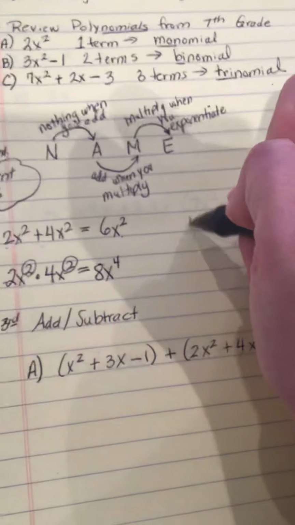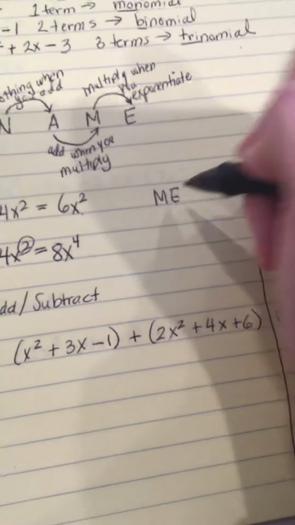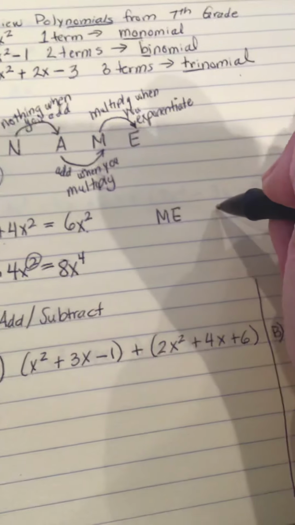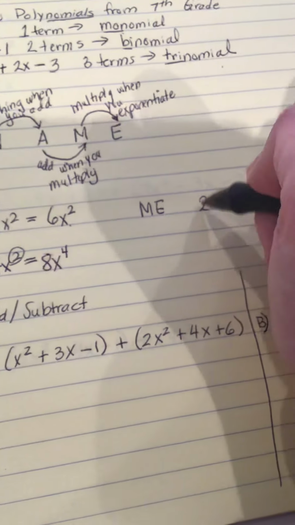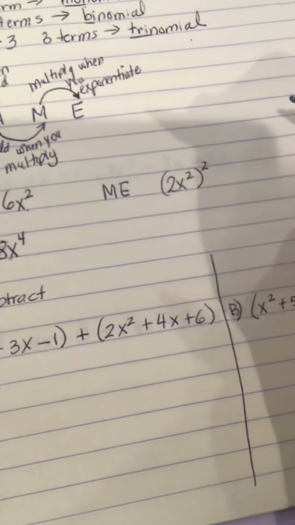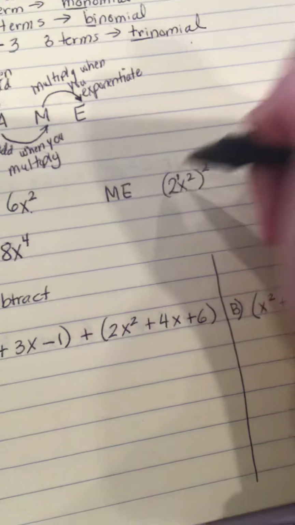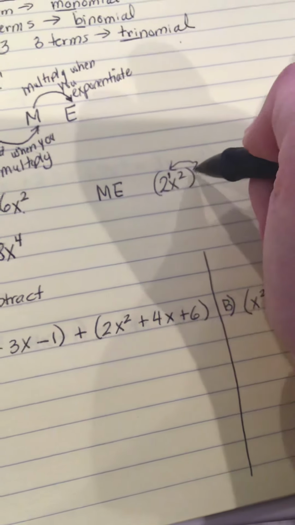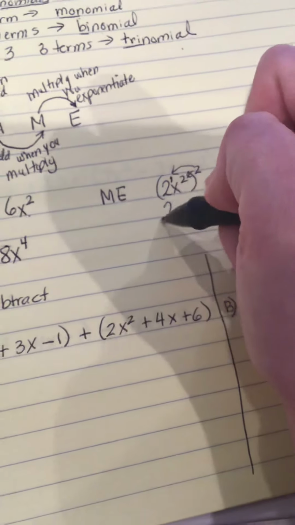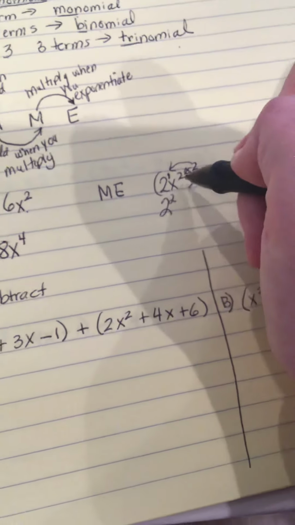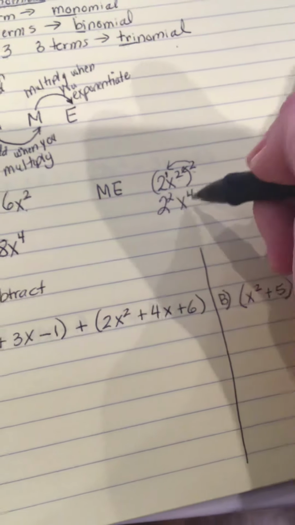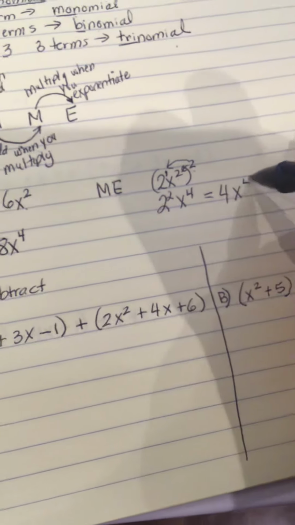Okay, and then the third is you multiply when you exponentiate, which is power to power. So it would be like this, 2x squared to the second power. Remember you put a 1 on that, arrow, arrow, and that would be 1 times 2 is 2, 2 times 2 is 4, so that would be 4x to the fourth.